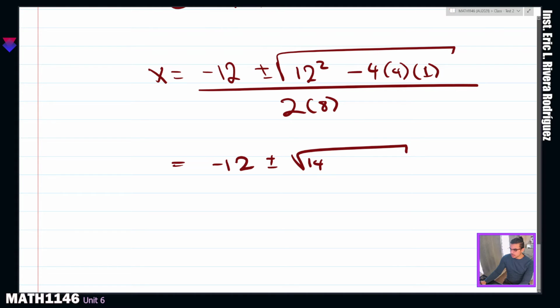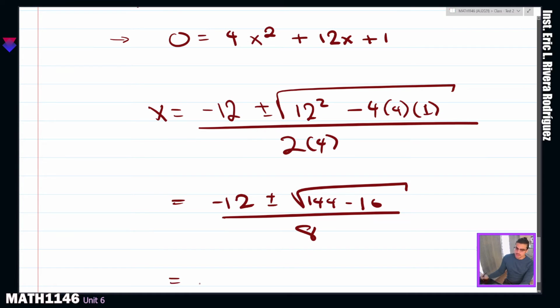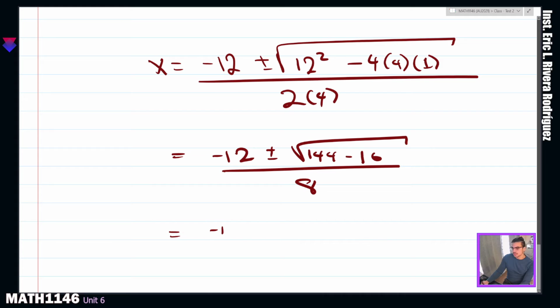So we have 144, and then here we have 16, and this one is 4. Yeah, this one is 4. And here is 8. So this is 128, and this is 8.